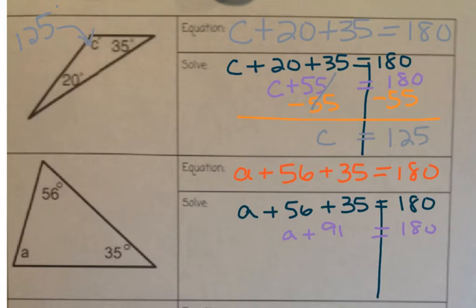Now I'm going to subtract my 91 from both sides of my equation. When I do that, this is going to cancel. 91 cancels 91 out, and that leaves me with A equals 89. That means that the measure of angle A is 89 degrees.